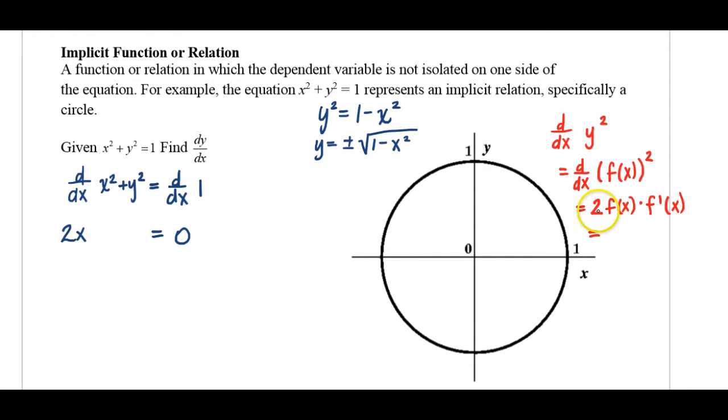So f of x, well, we said f of x was really just y. So this is like 2y times f prime of x. But instead of f prime of x, we're going to write f prime of x as dy/dx.